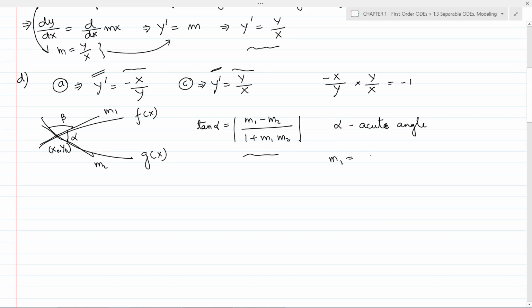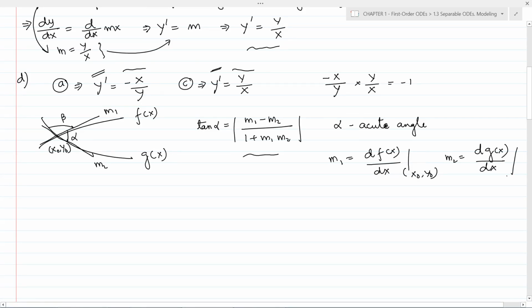That is, m1 equal to d f of x by dx at x0 comma y0, and m2 is d g of x by dx at x0 comma y0, as the derivative of the function f of x gives the slope of the tangent and the derivative of the function g of x gives the slope of the tangent.